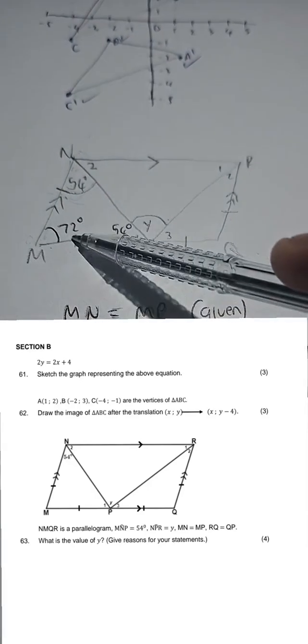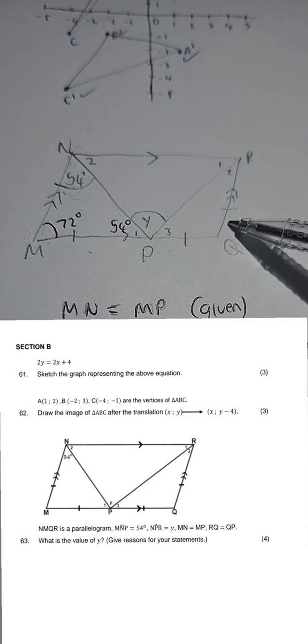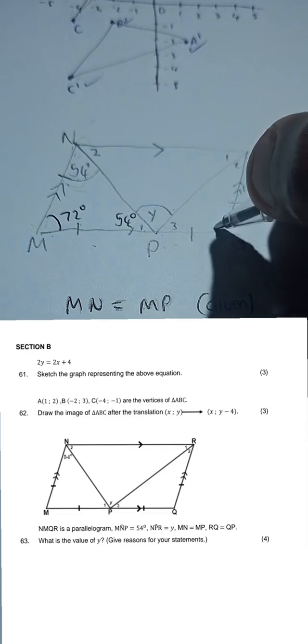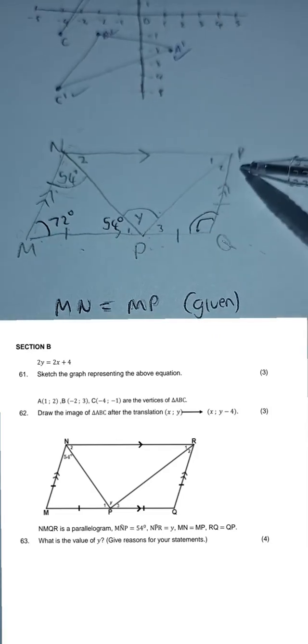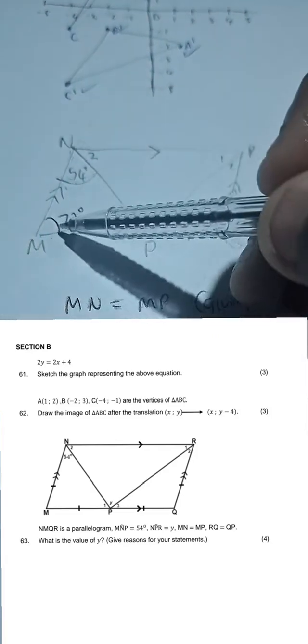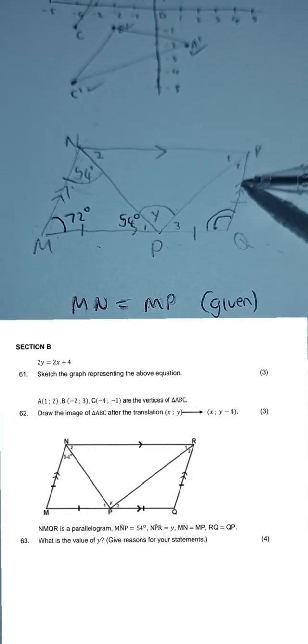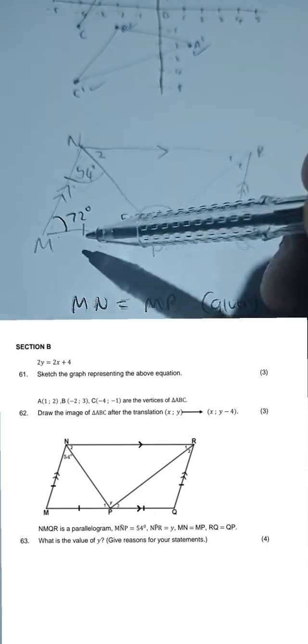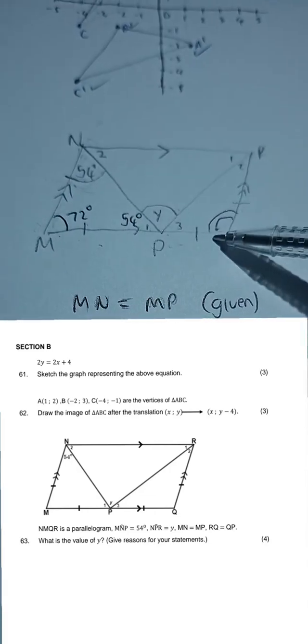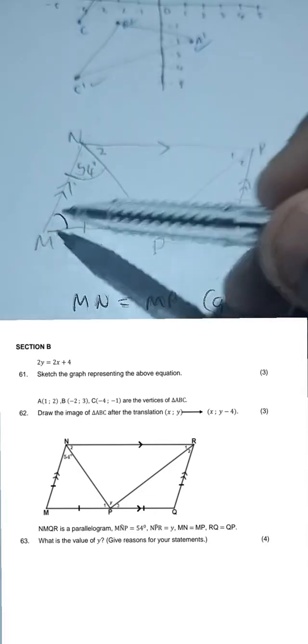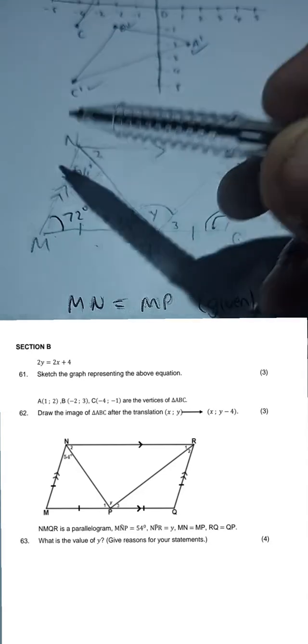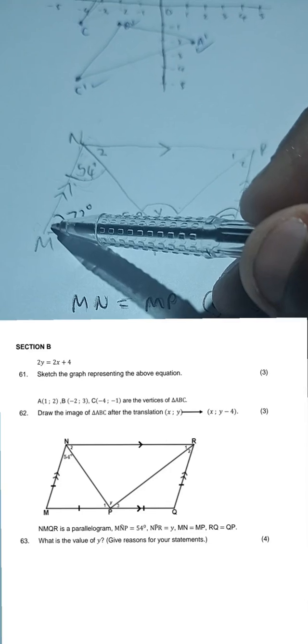This angle here and that angle there are between these parallel lines. This angle and that angle are actually in the U-shape position.